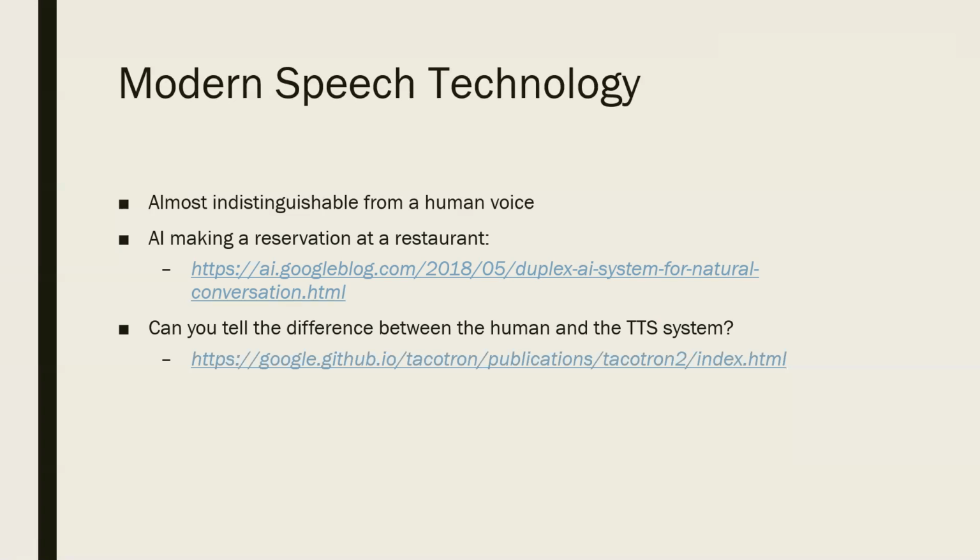They're both saying the same sentence, but one is a human and one is not a human. And they sound very, very similar to each other, and it's very difficult to actually tell the difference between them. And that kind of goes to show that speech technology has reached the point where it's almost indistinguishable from a human voice. So in this sense, speech technology has basically achieved parity with human quality.